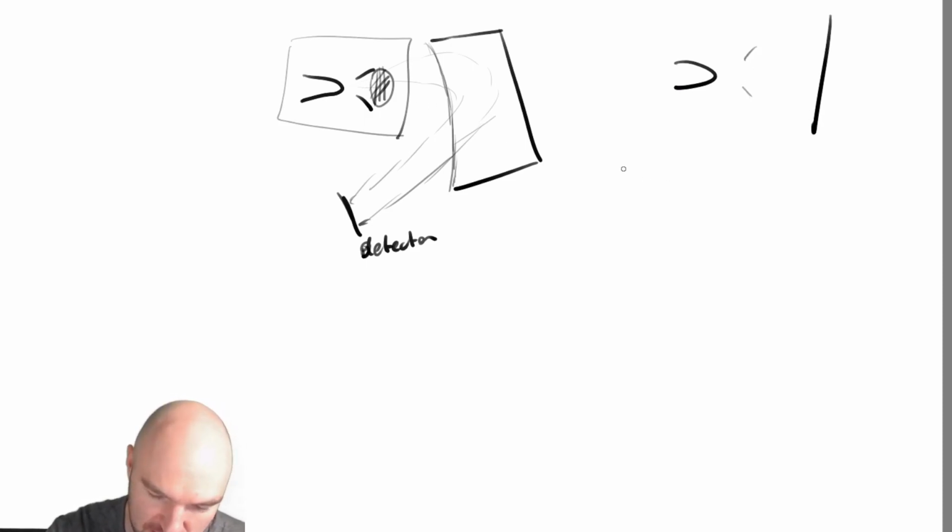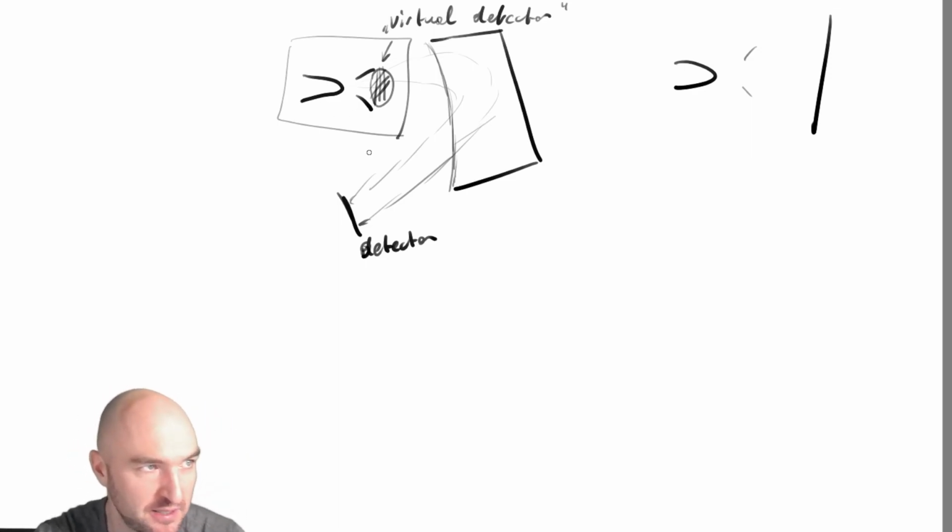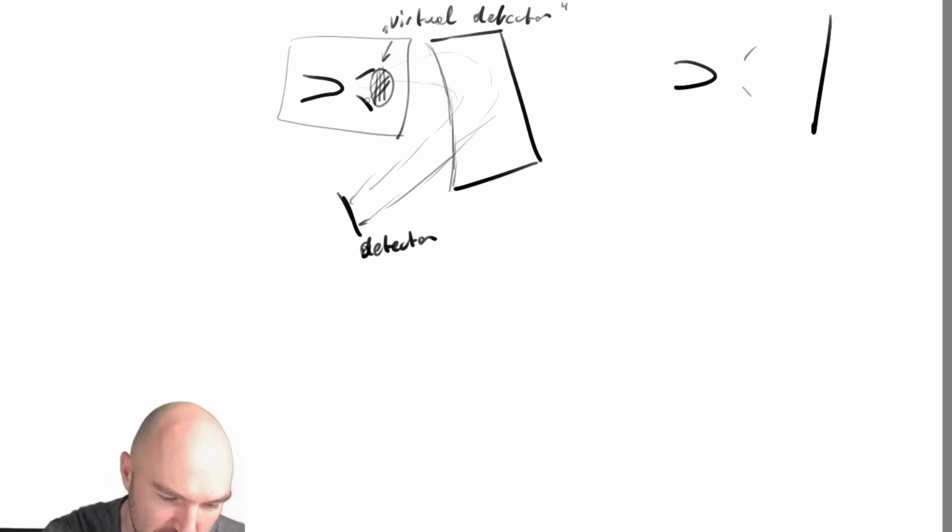In this case, it's just a virtual detector plane. So everything that's related to the sample, which interests us as the users, is happening here, and here we've got the reflectron, and everything that's specific to the imaging of the reflectron happens here.